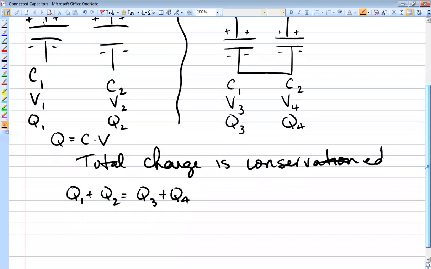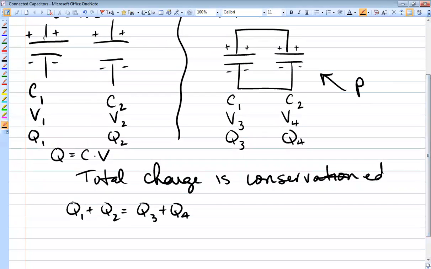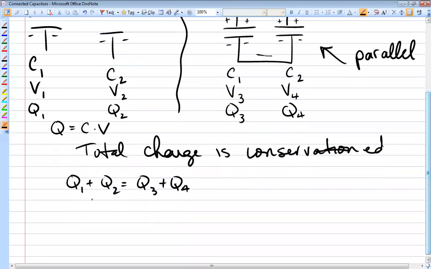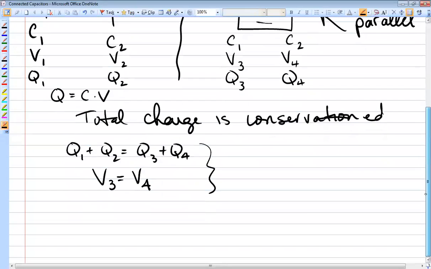We also know that this configuration, even though you may think it's series, is not. This is a parallel combination. The reason it's parallel is because the two devices have two leads in common, this top lead and this bottom lead, which makes it a parallel combination, not a series combination. Because it's parallel, we know that the voltages, once they're connected, must be the same. That's all you need to solve anything that you're asked for.